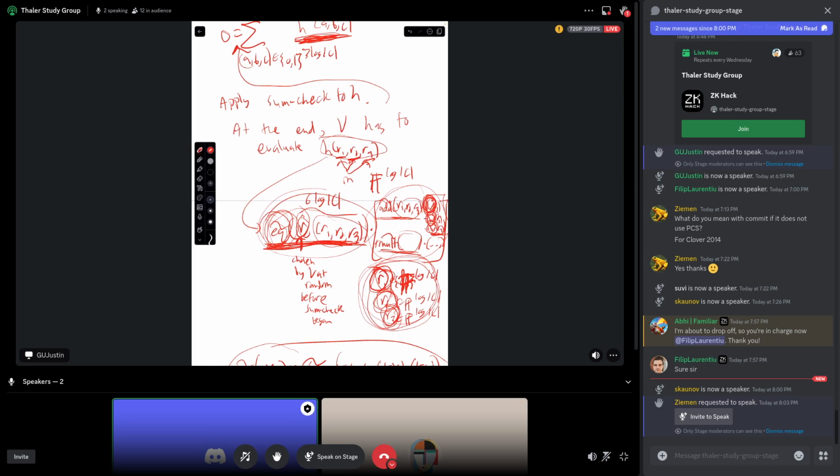Everything works out fine. If you'd like, take a look at zeromorph. I'd say that this is certainly the main hiding multilinear polynomial commitment scheme today.